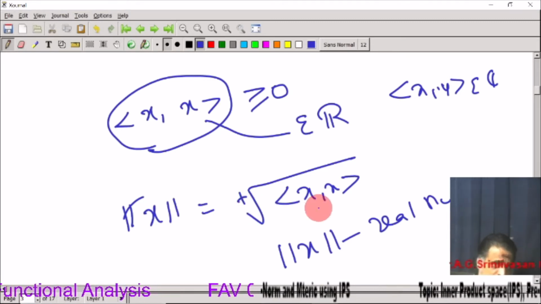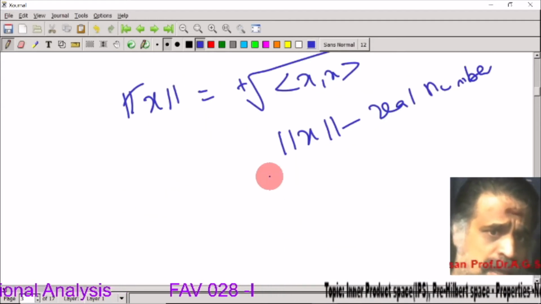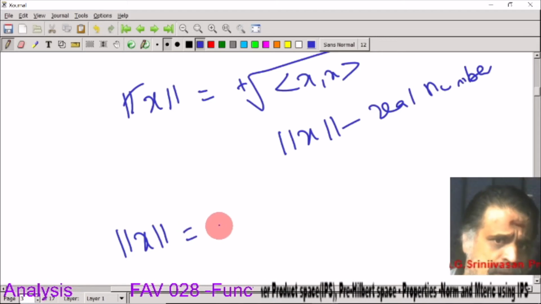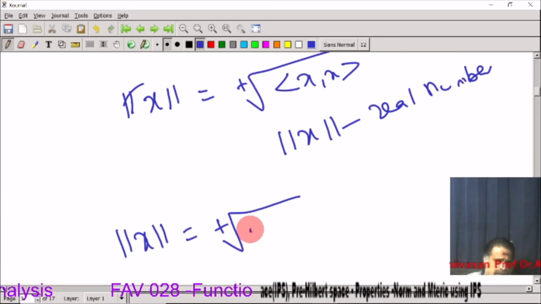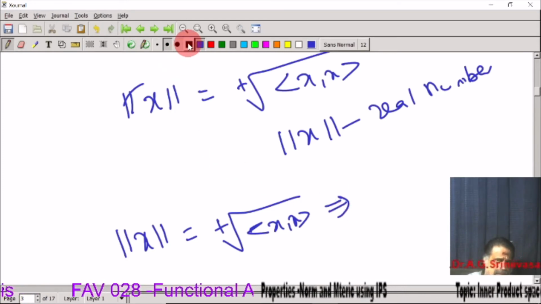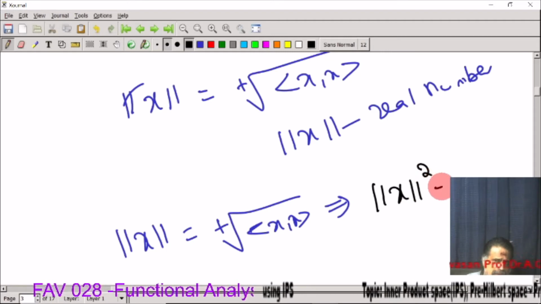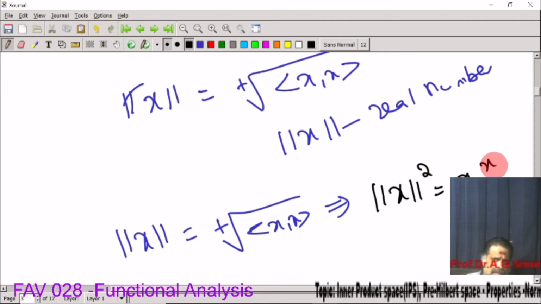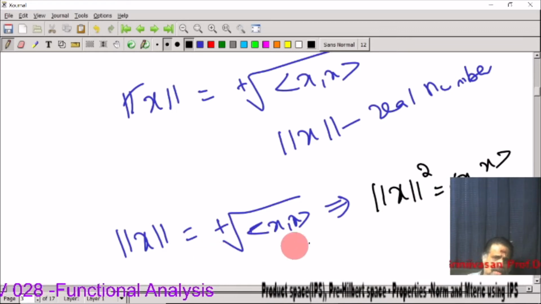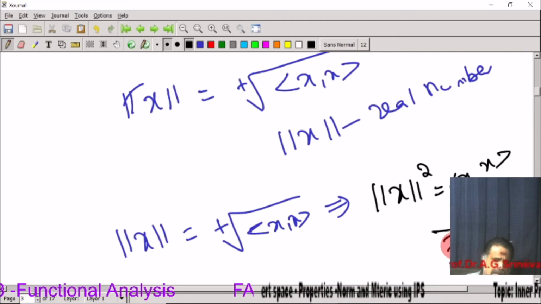It can't be a complex number, right? However, what is interesting is that if norm x is the positive square root of inner product xx, then norm x squared equals the inner product xx. If you square both sides, being a real number, norm x squared is inner product xx, which is always greater than or equal to 0.